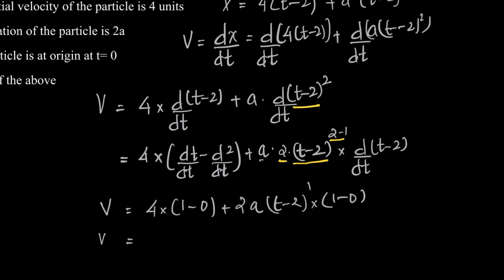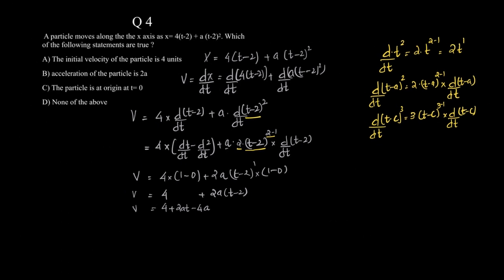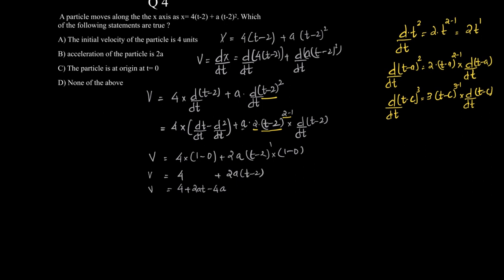So v is equal to 4 plus 2a into (t minus 2). Therefore, v is equal to 4 plus 2at minus 4a.